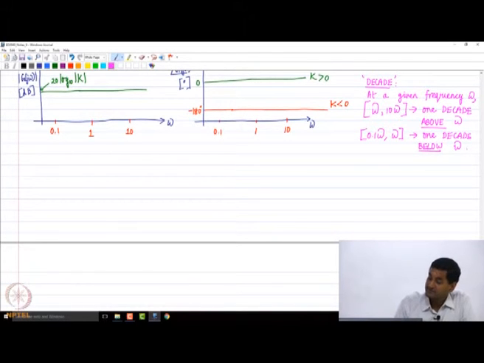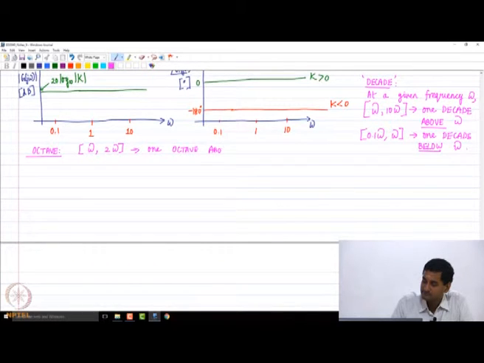Okay. There is another band which is used, which is called an octave. What is an octave? Let's say you give a frequency omega. The region omega to 2 omega is what is called 1 octave above omega.